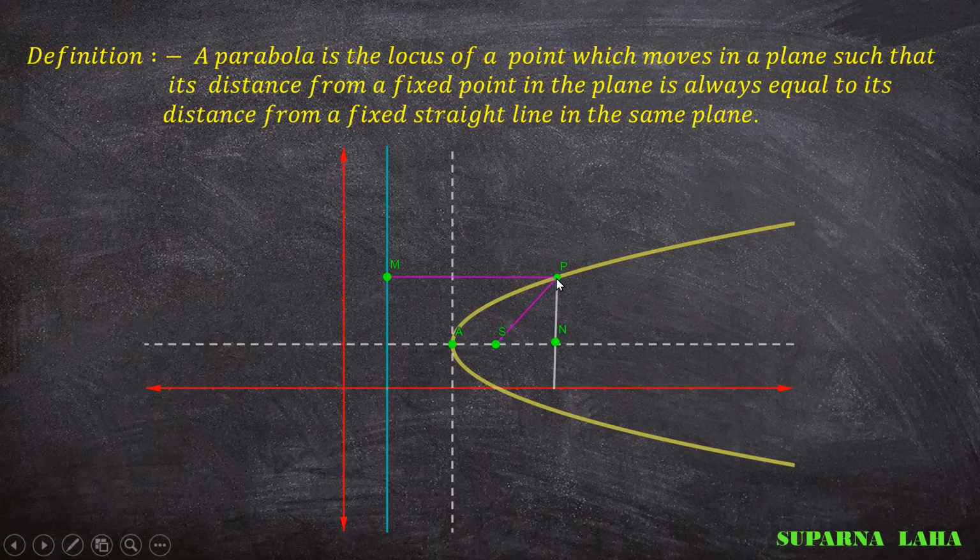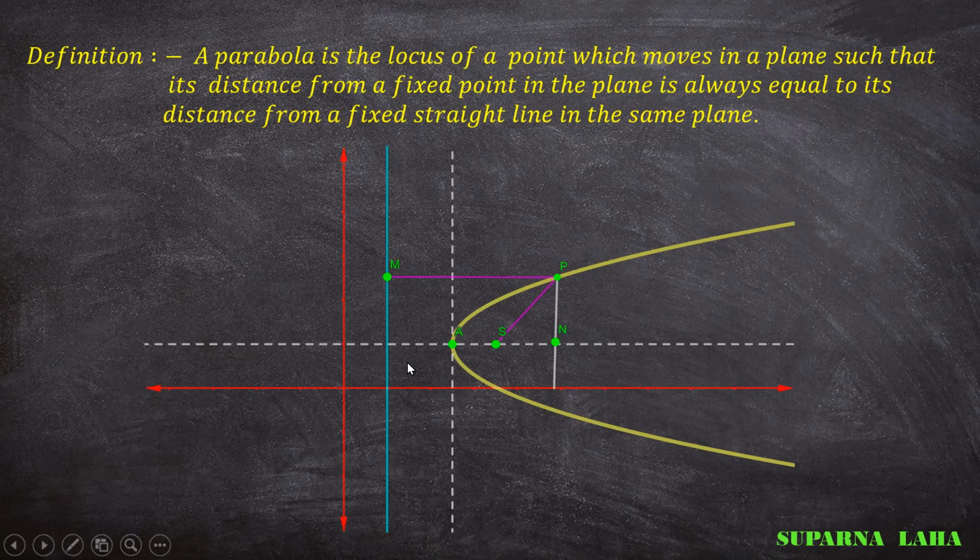I can take the point here also, and here also. Anywhere we can take the point, and if we measure the distance of P from S and from this fixed line, it will always be equal.